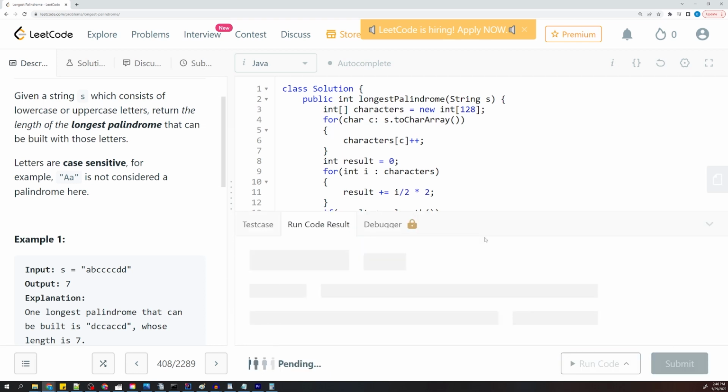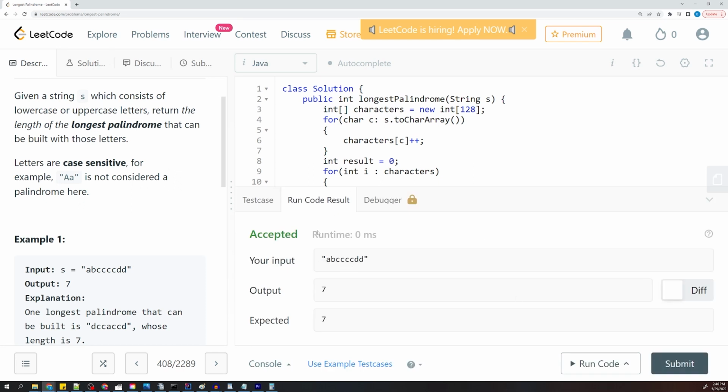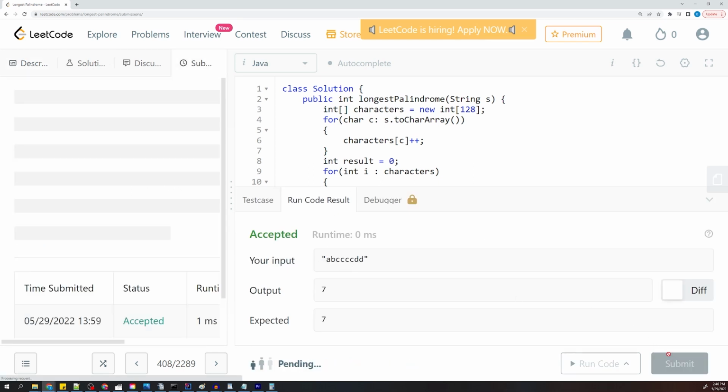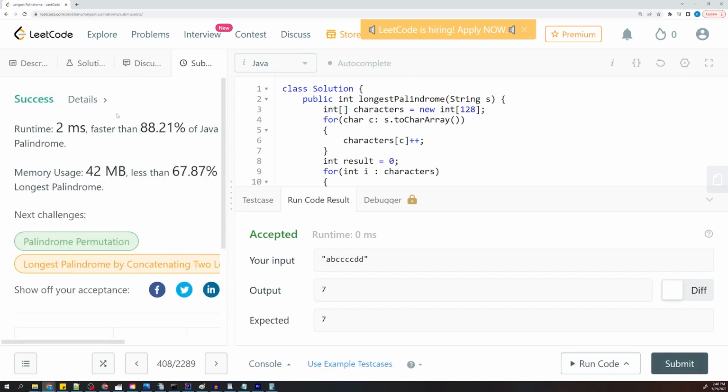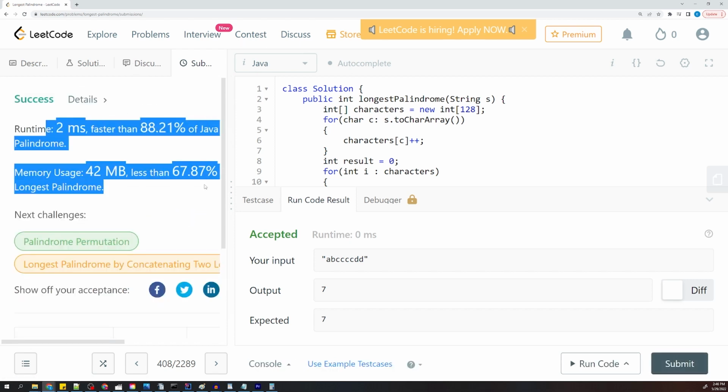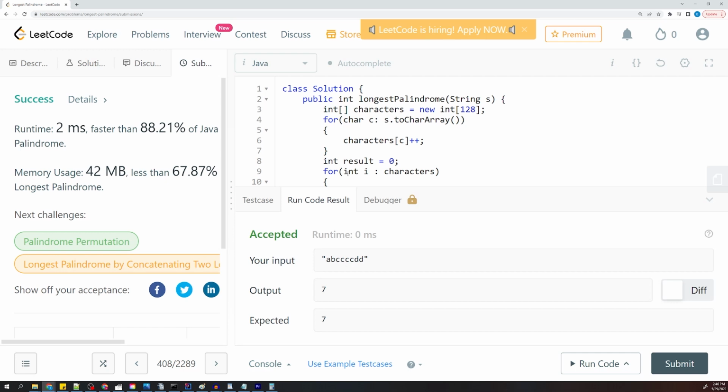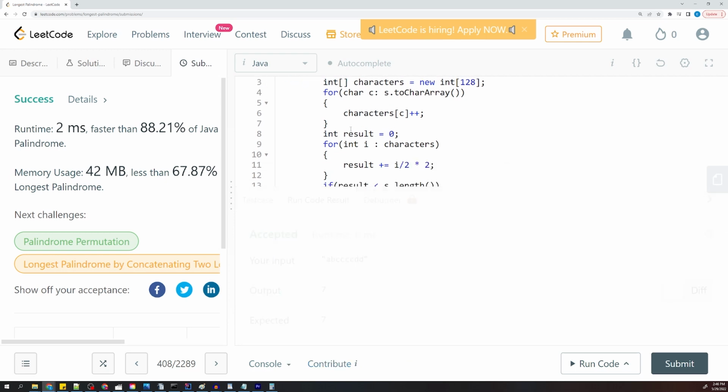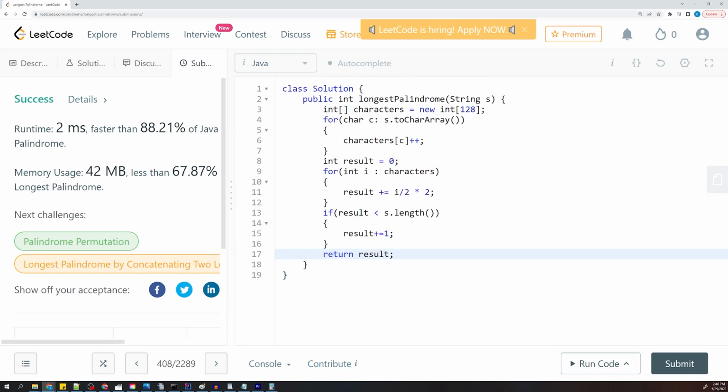Okay, so let's go ahead and run code, see if I didn't make any typos or anything. Okay, so that looks good. And let's go ahead and submit. And, looks good. Numbers are good. And the runtime complexity here is O of n.